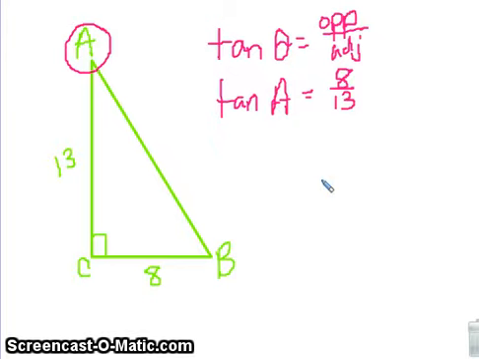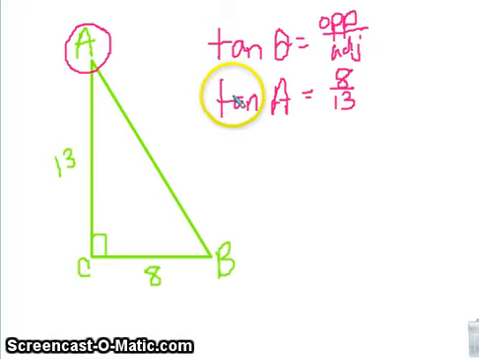But I don't want the tangent of A, I want A. So does that mean I take the tangent of both sides? Put tangent of 8 divided by 13 in your calculator. What do you get? Is there any way that this angle measurement is equal to 0.01? No. So, once again, just like your calculator was set up for your natural log and your e, or your 10 to the whatever and your log, or x and x squared, how do you get rid of a tan?